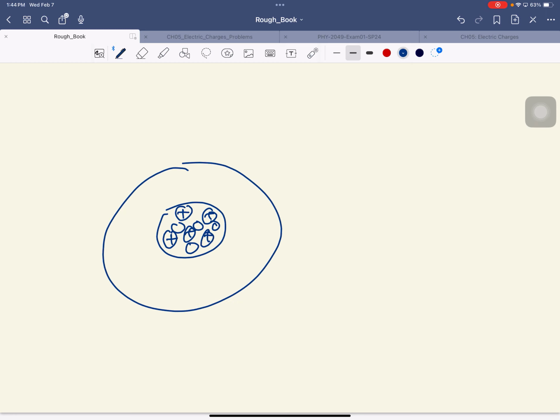There's the nucleus. It has a bunch of positive charges, protons, and a bunch of neutrons. And here are the electrons. How many protons? 1, 2, 3, 4, 5.